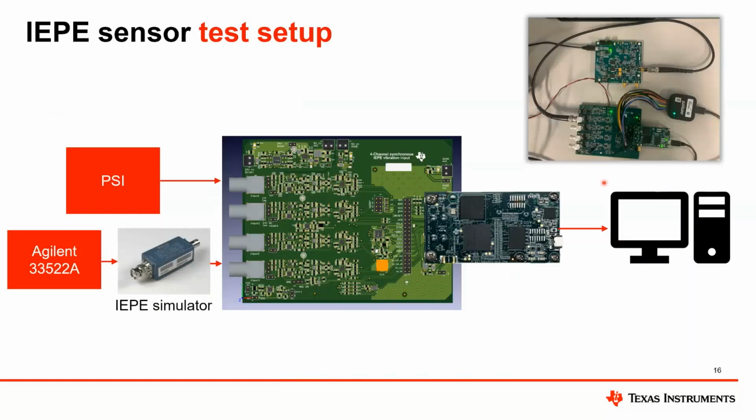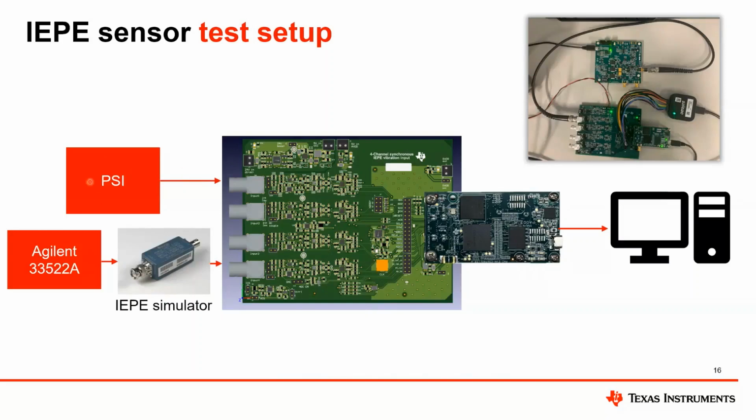How we tested the board: we actually tested the board 2 ways. For testing the total harmonic distortion and the linearity, we need a very clean source. And of course, having this equipment might be prohibitive. We have such equipment, but the idea we give here to you is getting the PSI.